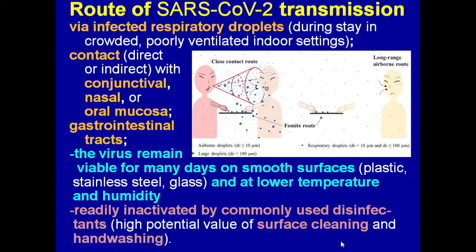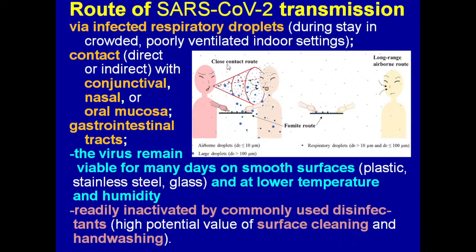That's why it is so important to treat all those parcels that we get and all those goods that we order and get through the internet. We have to treat them with disinfectants. And I would like to underline this high potential value of surface cleaning and hand washing.